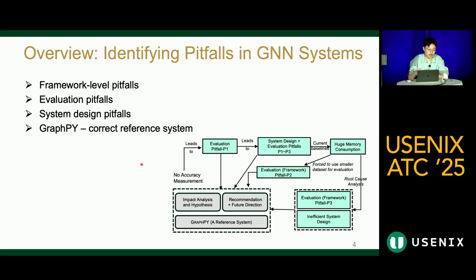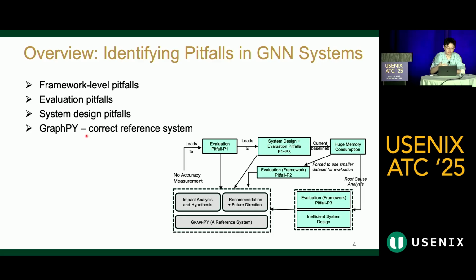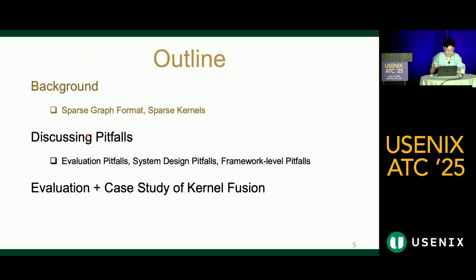Here is an overview of the whole paper. We first talk about 3 levels of pitfalls. After that, we introduce our solution GRAPHPY, which should be treated as a correct reference system. In the paper, we also provide quantitative analysis and evaluations to show that those pitfalls are important.